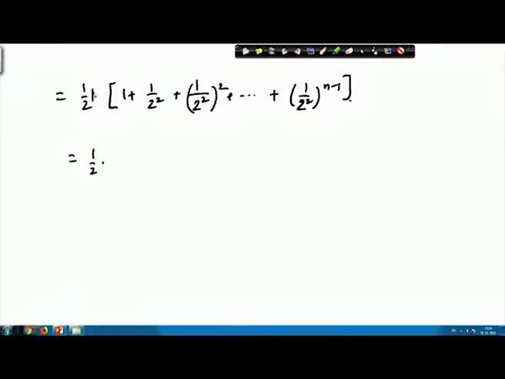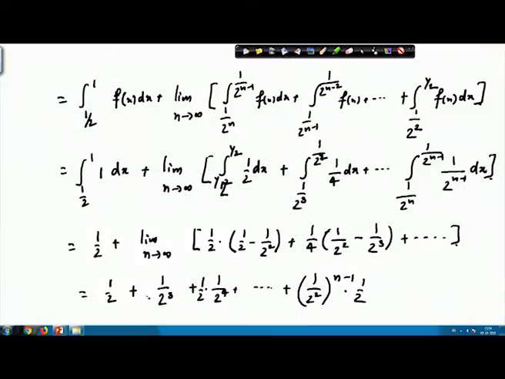Here the limit is missing, so the limit as n goes to infinity.